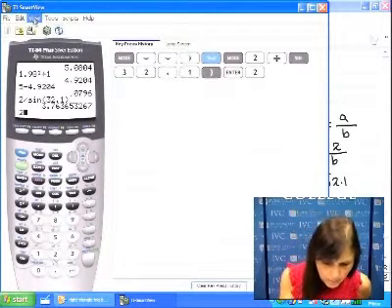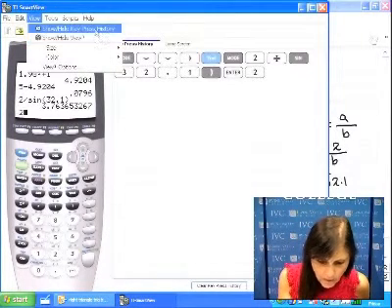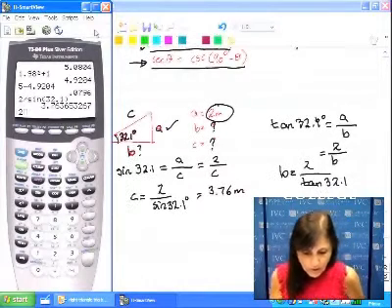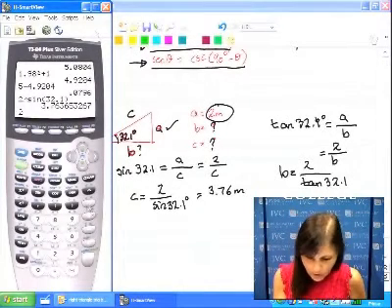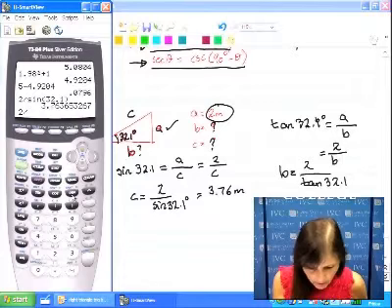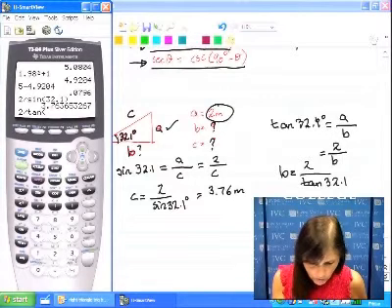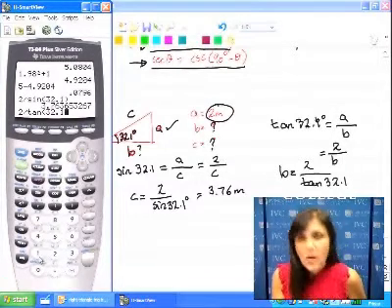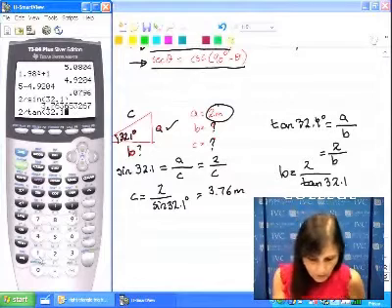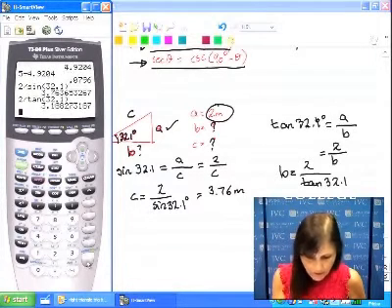2. Let me put this like that so we can see it. 2 over tangent of 32.1. And since it's already set in the degree mode, I don't have to do anything.